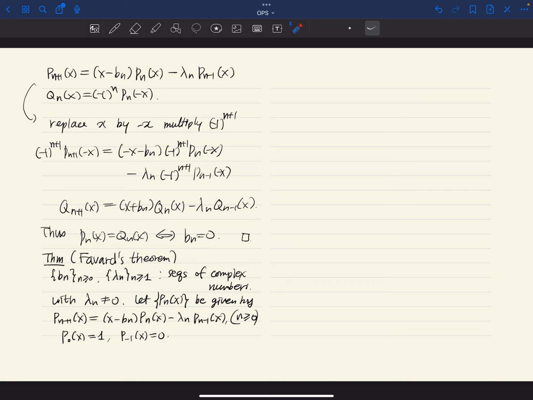Okay, so the statement is that there is a linear functional L such that P n is an OPS if and only if... I think this is not what I wanted to say.